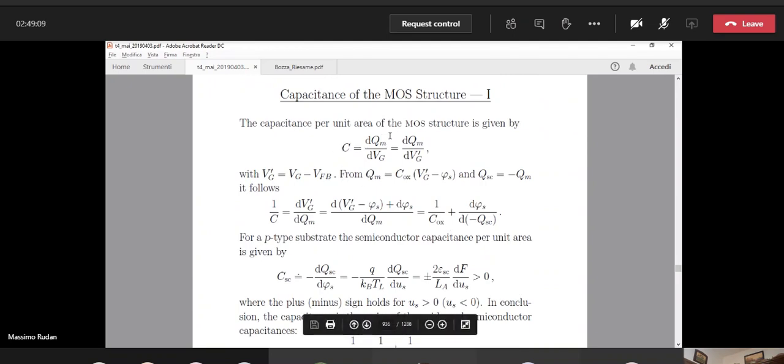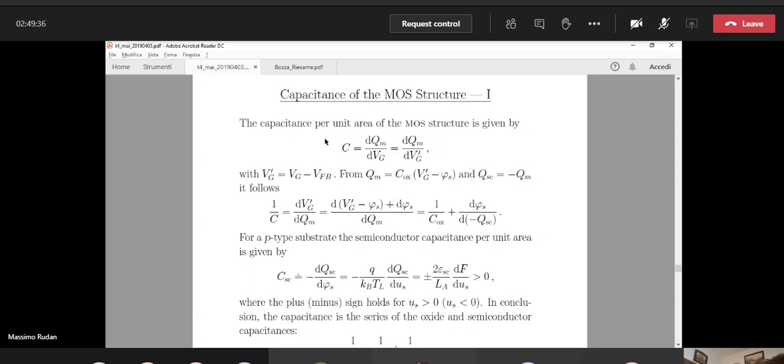Since we are using charges per unit area, we shall obtain a capacitance per unit area. You remember, we must take the variation of charge on the same contact as the contact where we have the variation of voltage.